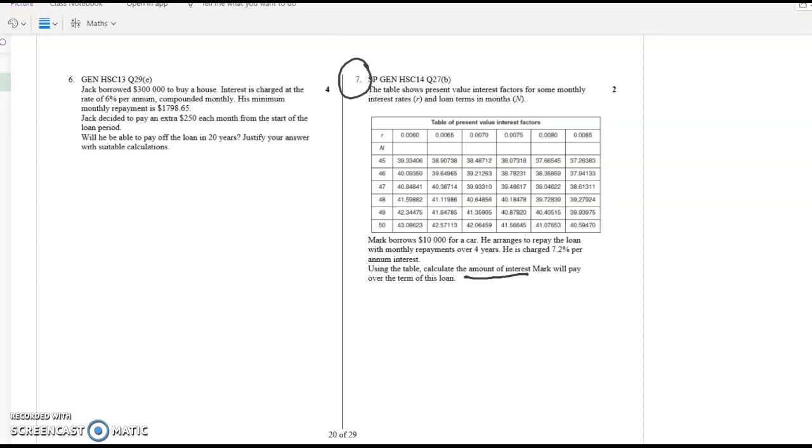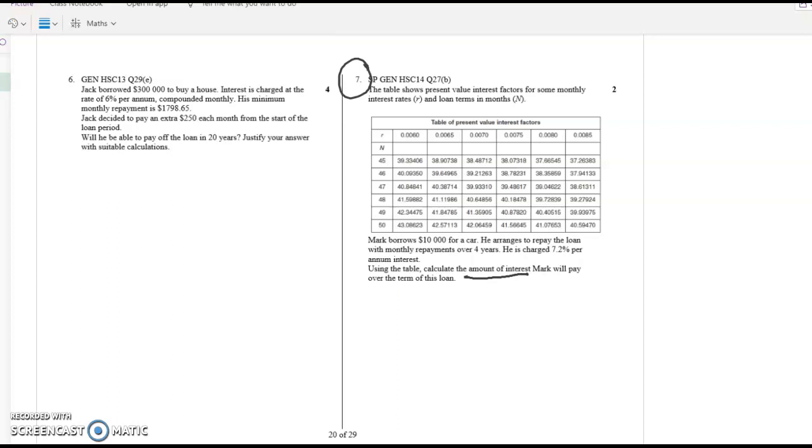Before we find the amount of interest, we're going to need what he repays in total for the loan. To get to that, we're going to need how much he pays each month. So we can find out his monthly repayments using that formula we had before. This time we've been given the amount for the loan, and so we need to find the repayment.